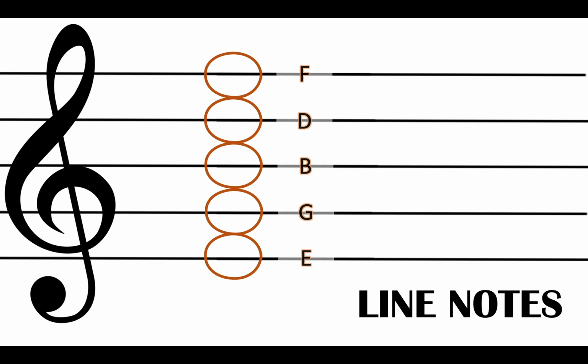Like this. We can say, every good boy does fine. E, G, B, D, F. Every good boy does fine. So if we see a line note and we want to know what the letter name for it is, we can think of the sentence.